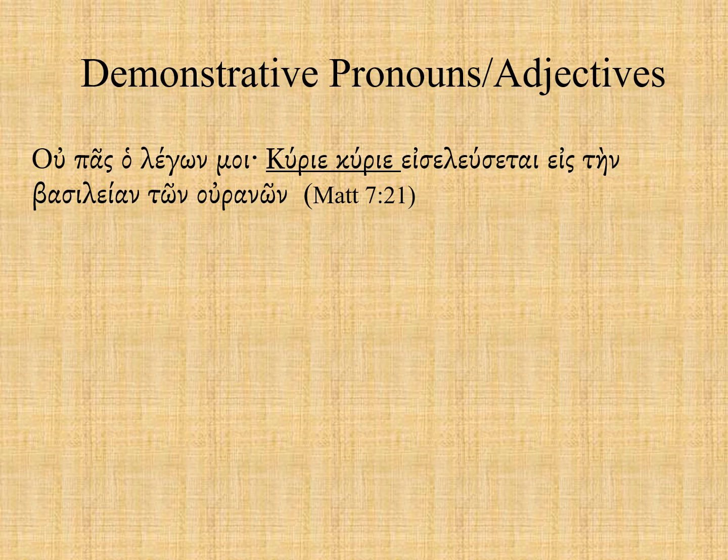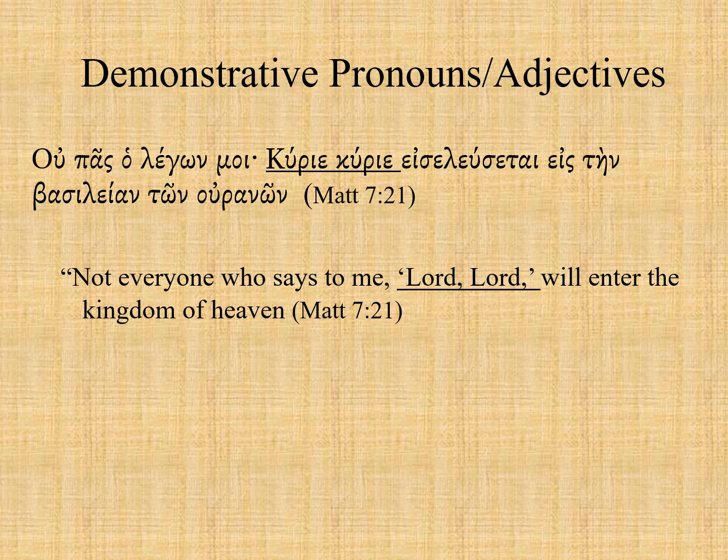So let's read one example from Matthew 7:21. Pas ho legon moi, kyrie, kyrie, eiseleusetai eis ten basileian ton ouranon. Now we don't have to worry about every detail of this sentence, but look at the translation. Pas, not everyone. Legon, who says, moi, to me, kyrie, kyrie.